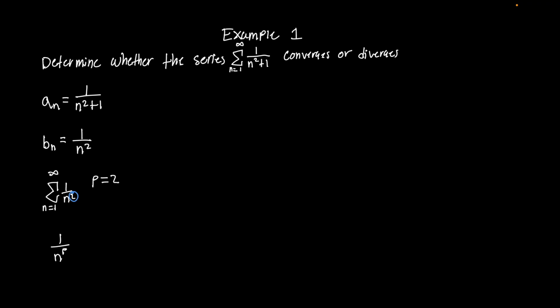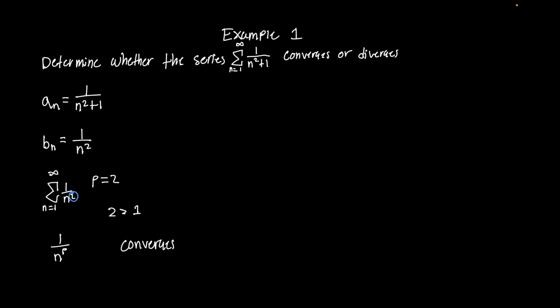Since p is equal to 2, and 2 is greater than 1, which is our condition for the p-series, we know that this converges. Therefore, you can write that this series converges. Okay, my handwriting might be messy, but we'll explain this a little bit as we go on.